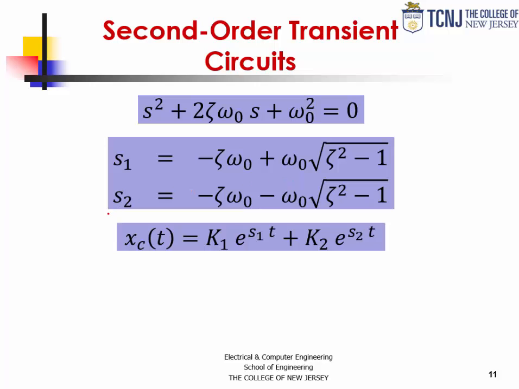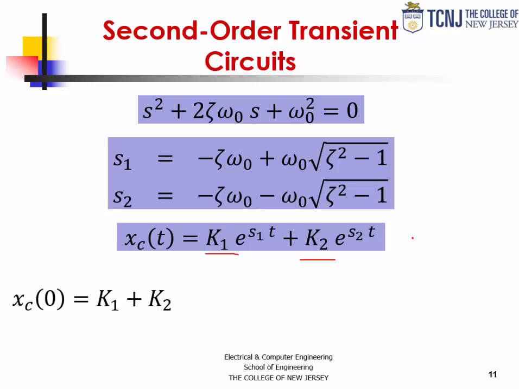And the general solution of that equation is going to be a constant k1 times the exponential term of e to the first root s1 times t, plus a second constant k2 times the exponential term of the second root s2 times t.